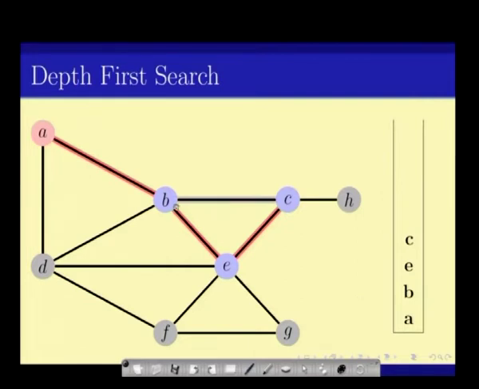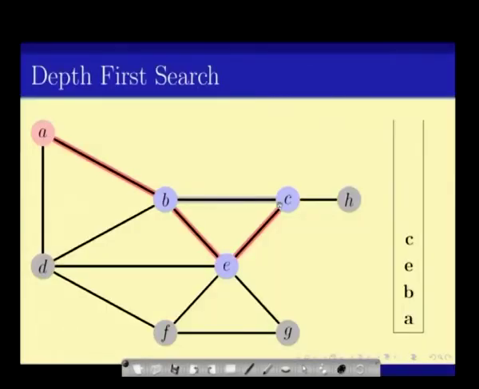Sadly, B has already been touched, therefore B has been colored blue. So, if B has been colored blue, I would not take this edge. I will color it a different color, the reject color, and leave it like that. The idea is that we are trying to generate a spanning tree of this graph. A spanning tree cannot have a cycle, because a tree cannot have a cycle.